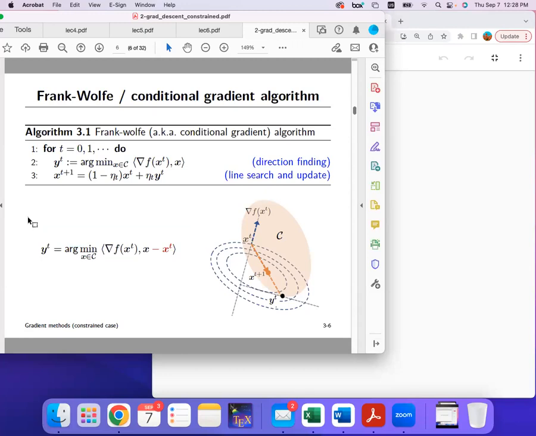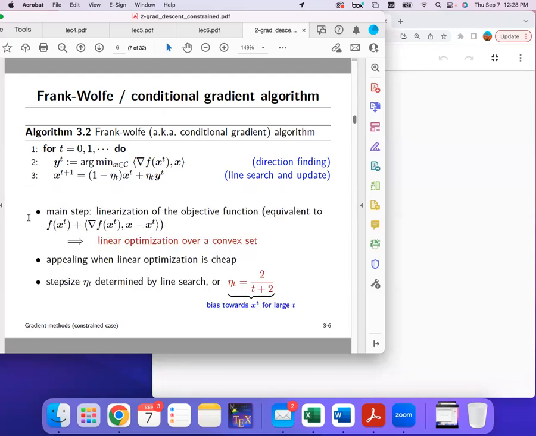Because imagine if there's no constraint, then we can just do gradient descent by following the negative gradient. But here, due to the constraint, the negative gradient may be out of the constraint set. So we find a direction that is negatively correlated with the gradient. The key is to solve this linear optimization problem over a convex constraint set.